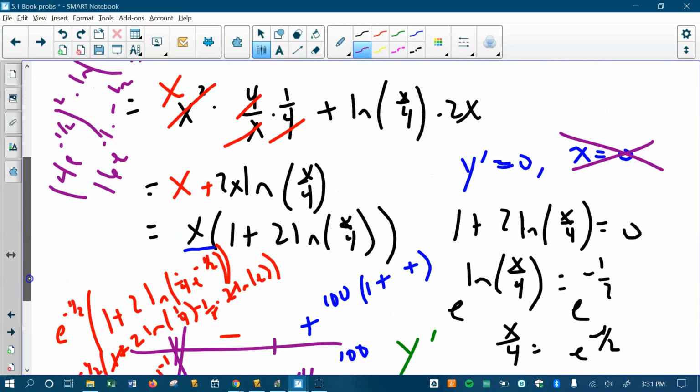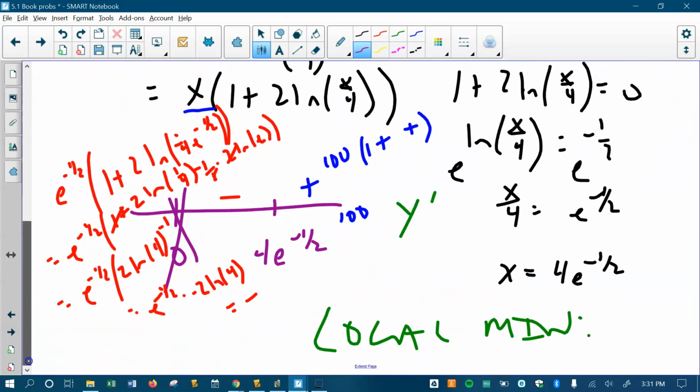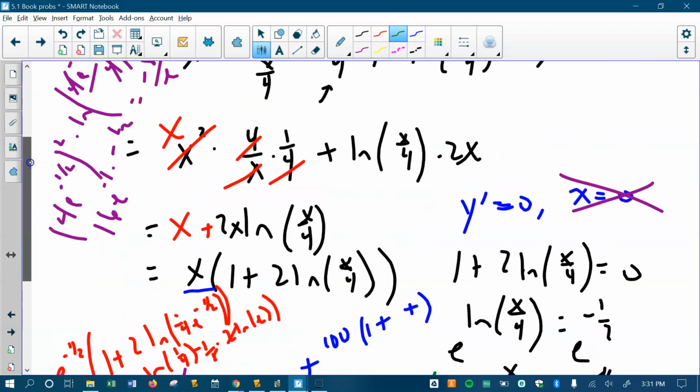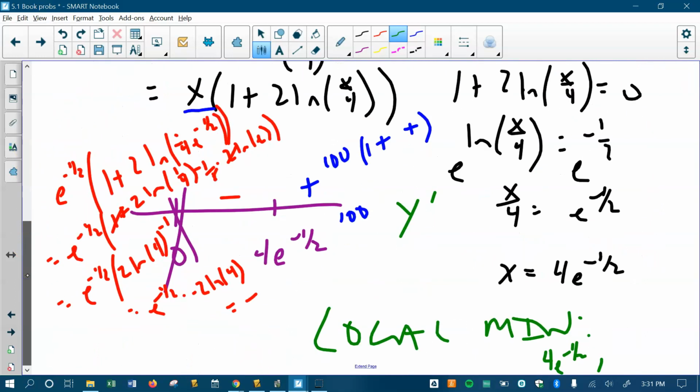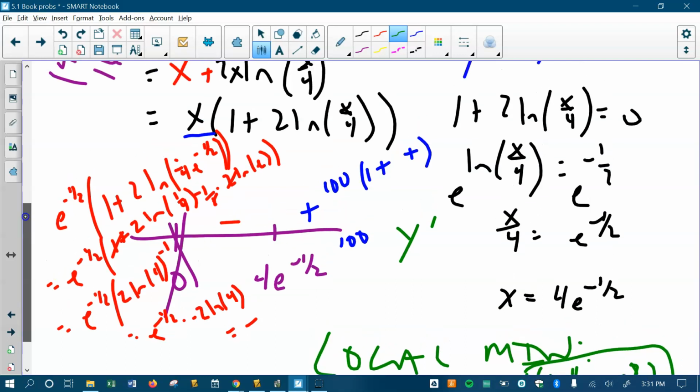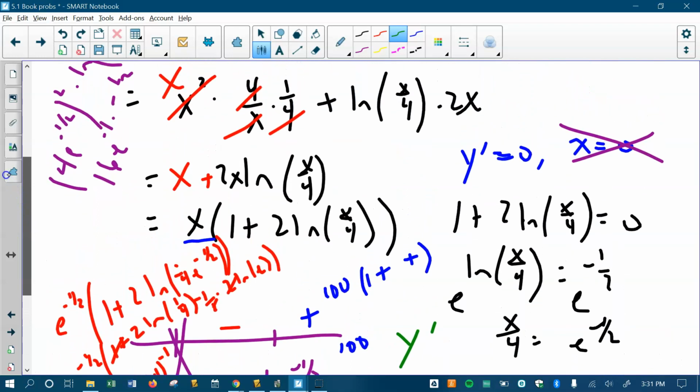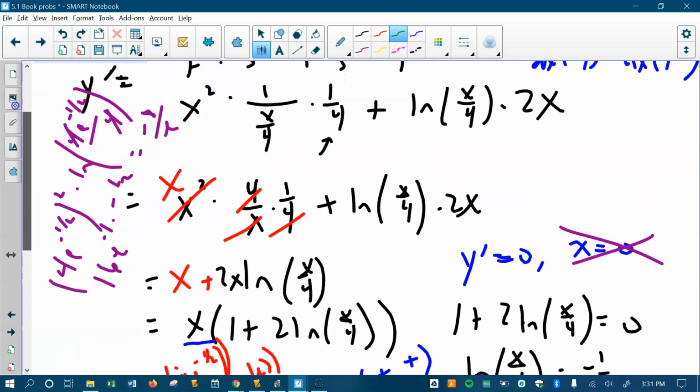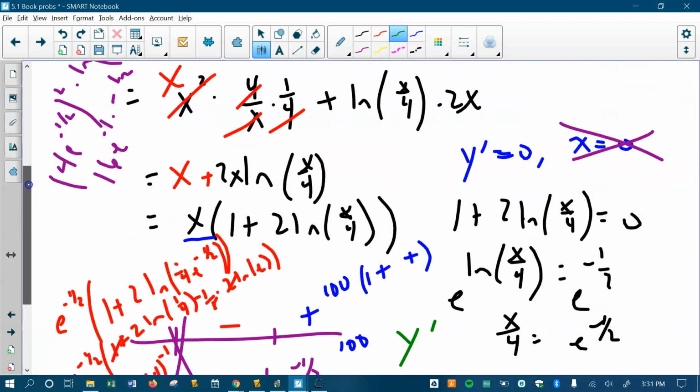Oh my gosh, this is horrible. Okay, so that means our local min is going to be 4e to the negative 1/2, comma, negative 8 over e. How much time you want to spend on actually trying to understand this is up to you. Chances of it being on an AP test are relatively slim, because that's a lot more pre-calculus logarithm work than calculus.